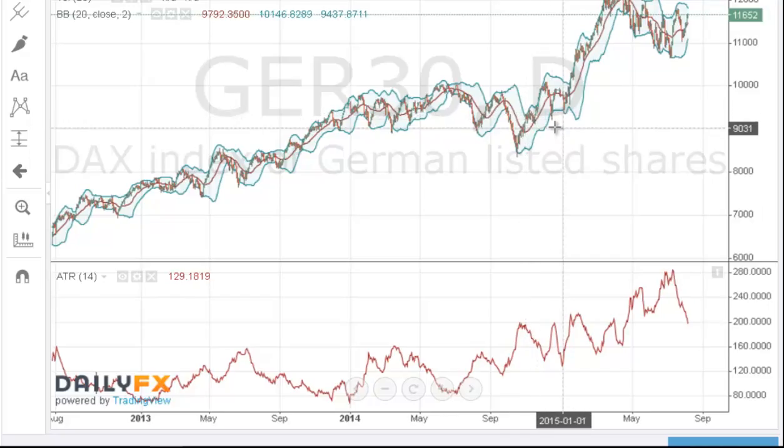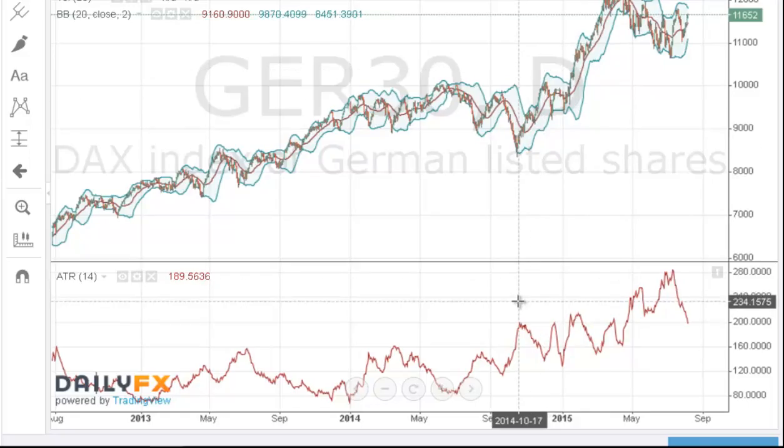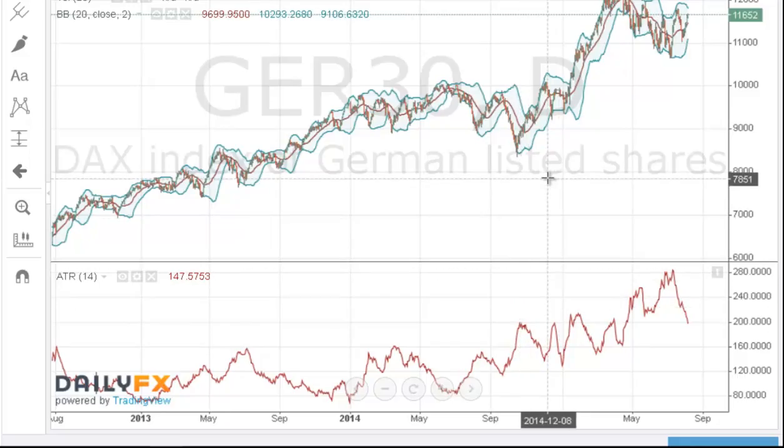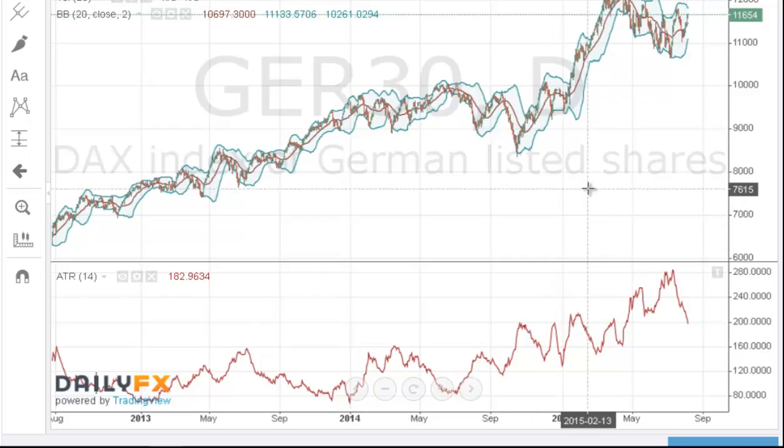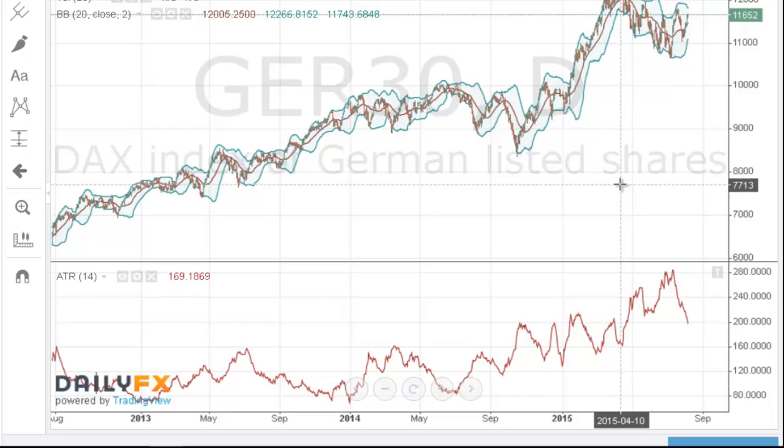A lot of the time I'm seeing highs here which don't equate to changing directions. I see highs and lows for the average true range which don't map to changes in the actual DAX. But there might be something there.